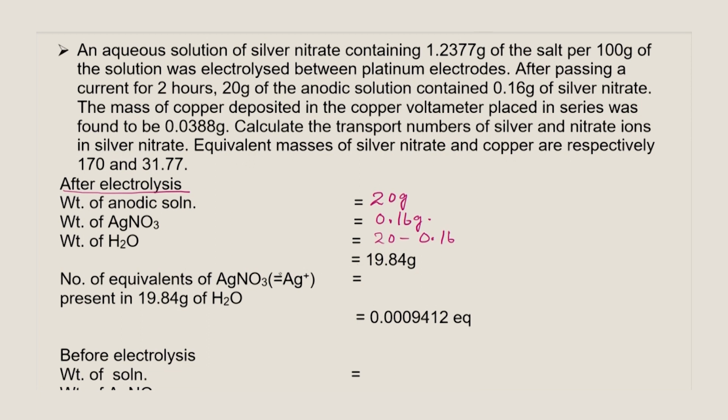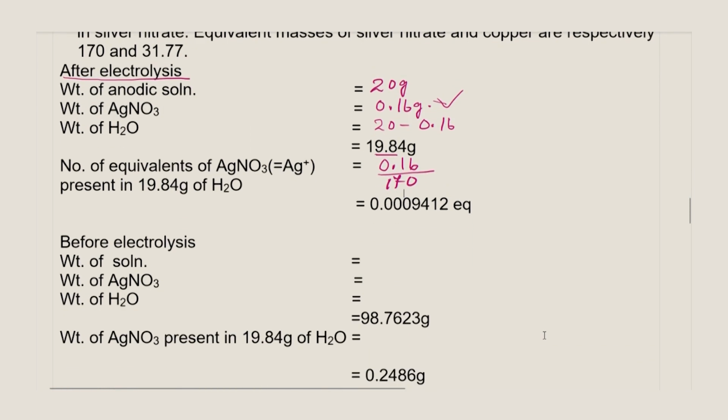Next, the number of equivalents of silver nitrate, which is equal to the number of equivalents of silver present in 19.84 gram of water, that is, so much water contained this much silver nitrate. This is a mass and you have to convert that into equivalents: 0.16 divided by the equivalent mass of silver nitrate, 170, and the answer is 0.009412 equivalents.